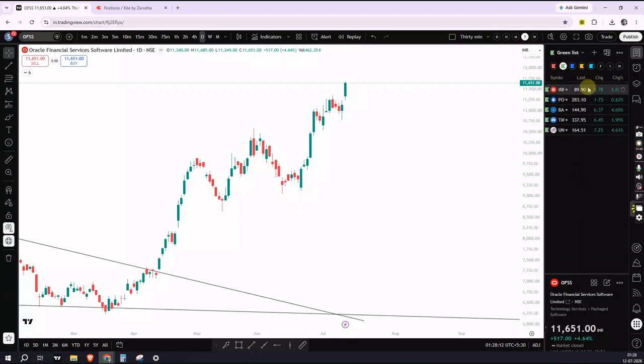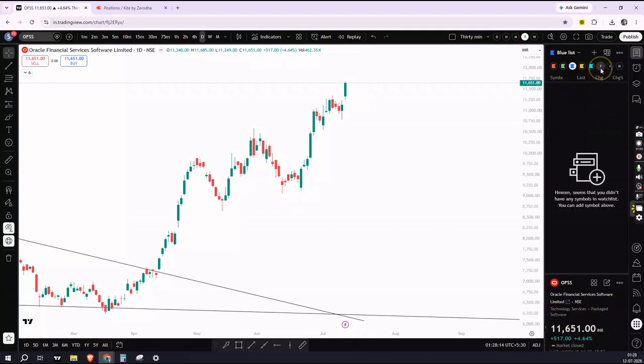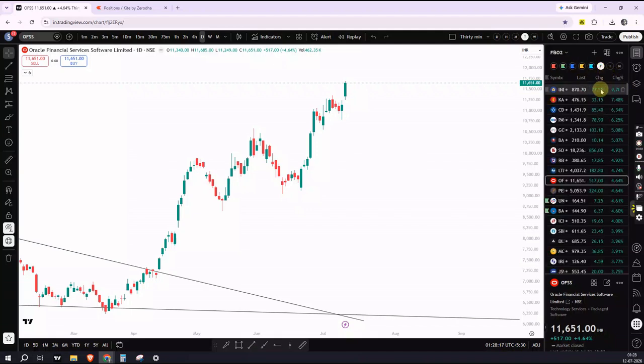I added a few into this, and then I have all the FNO stocks in this particular watch list bucket, and all the indices according to the sectors are listed over here, and Nifty 50 stocks in this.